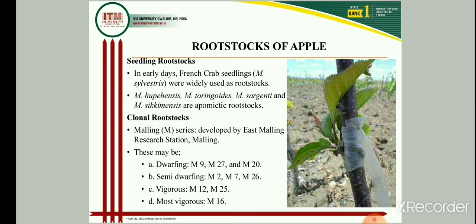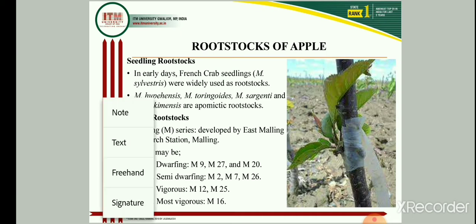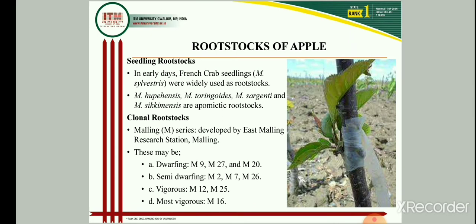Among them, M9, M27 and M20 are dwarfing rootstocks. Particularly M27 is considered an ultra dwarfing rootstock. M2, M7 and M26 are semi-dwarfing in nature, meaning the growth or vigor is medium, while the vigorous ones are M12 and M25. Heavy growth has been reported when apple cultivars are grafted over M16 rootstock.